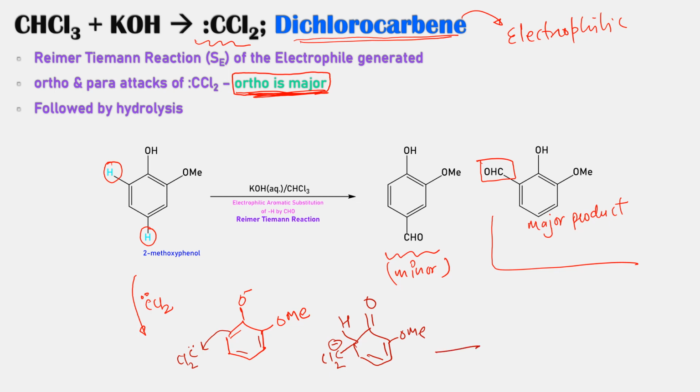Then we have an intramolecular proton transfer, in which the hydrogen from the ortho position is transferred onto the CH itself. This was the product being formed. This is double bond O, this is OMe itself. Now this is a case of tautomerization, where this hydrogen will go onto this oxygen.